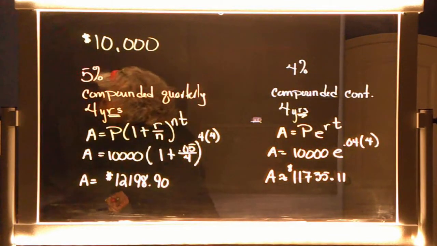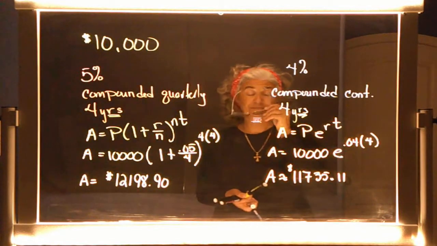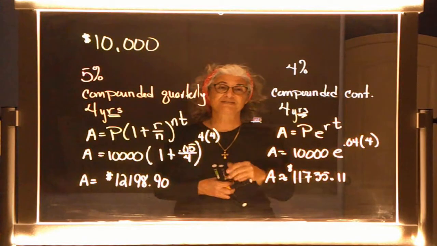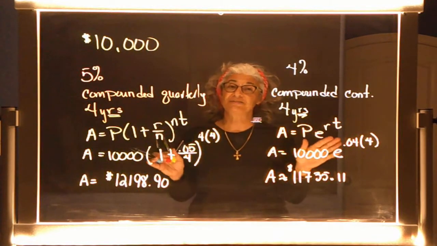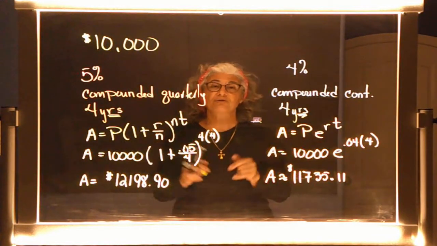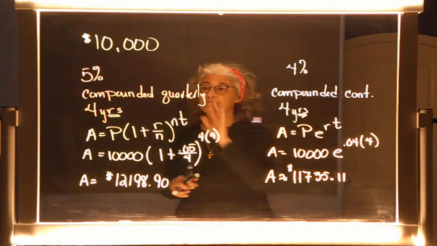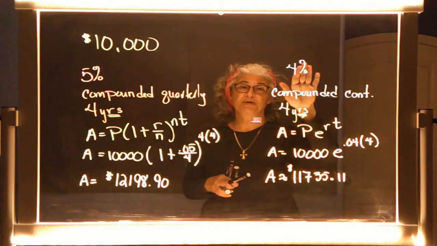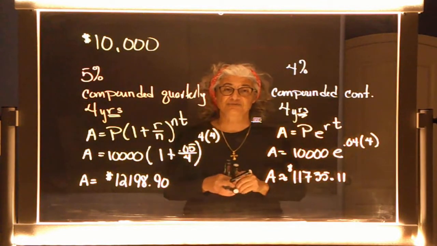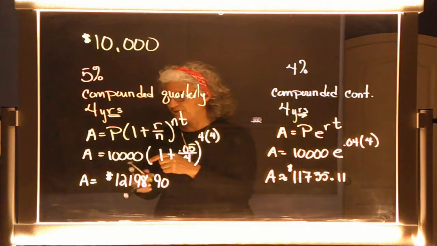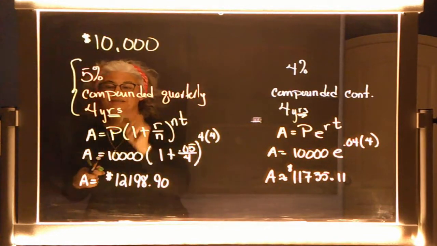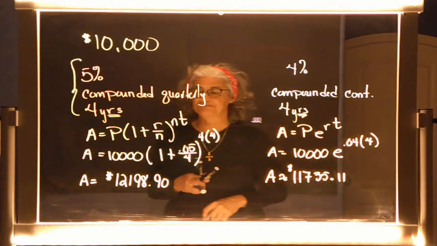Good. So, where are you going to invest that $10,000? Knowing you're going to leave it there for 4 years, are you going to invest it in the account paying 5% quarterly or into the account paying 4% compounded continuously? Right. We're going to invest it in this particular account because this account is paying me more money.